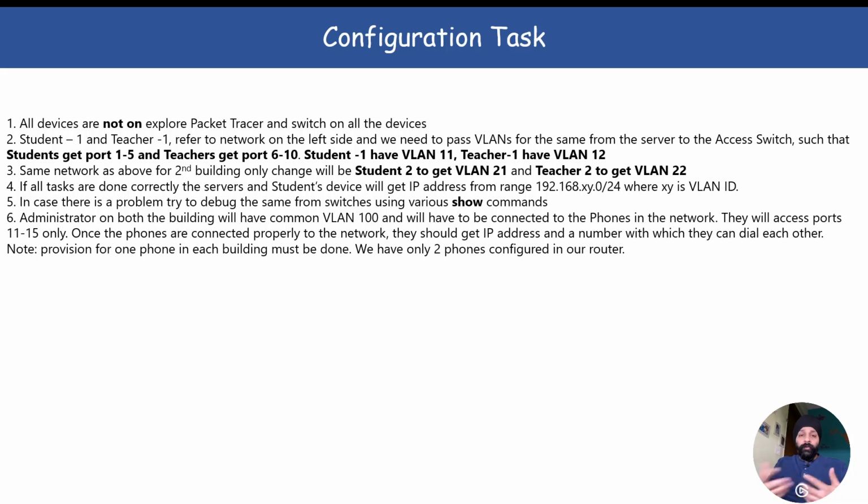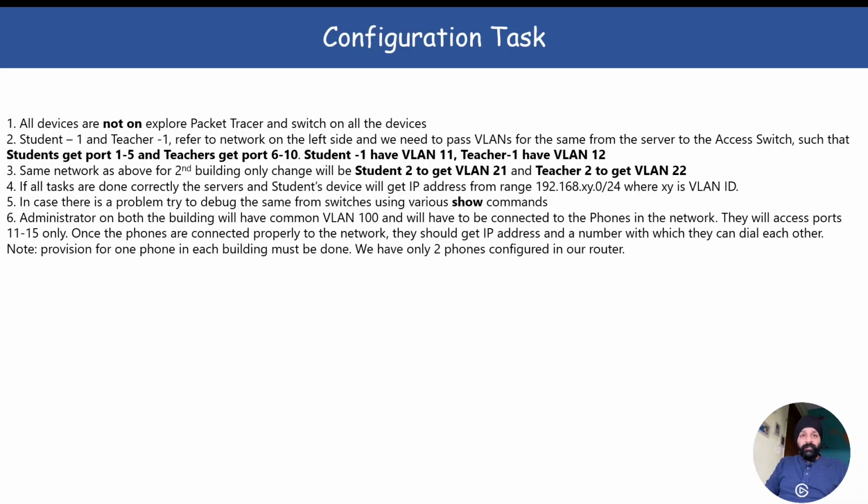You can pause the video here and do all of these tasks on your own, or you can do them one by one as we go along in this video. You can certainly skip some parts of this video because I'm going to be listing task 1, task 2, task 3 and the other tasks as separate chapters. So you can skip to the task that you are facing a problem in.